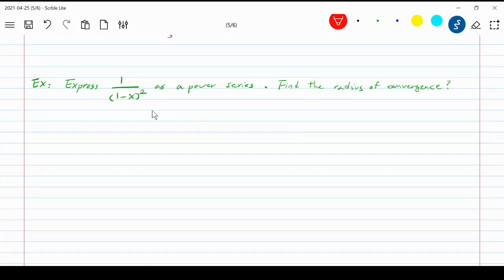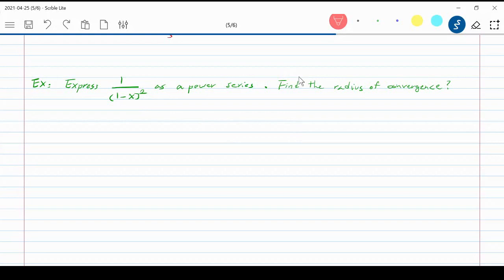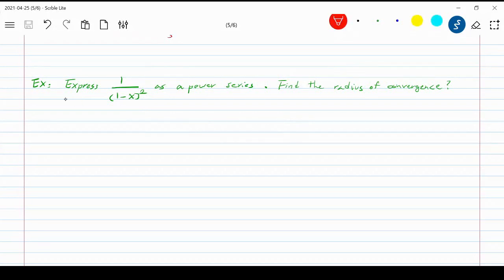Express 1 over (1 minus x) to the power 2 as a power series, and then find the radius of convergence. Okay, so the first thing that we know, the only function that we know, is 1 over 1 minus x, and this is 1 plus x plus x squared plus so on, which is the same as the sigma.